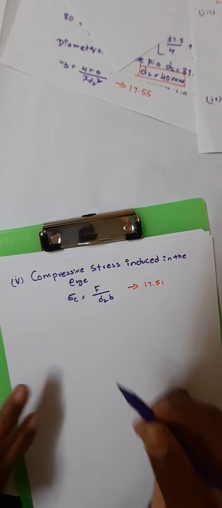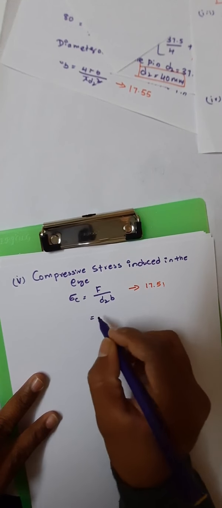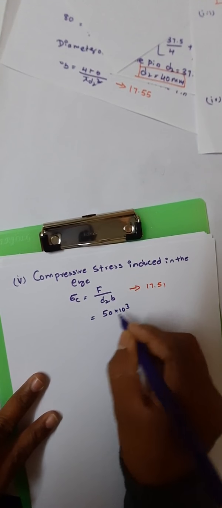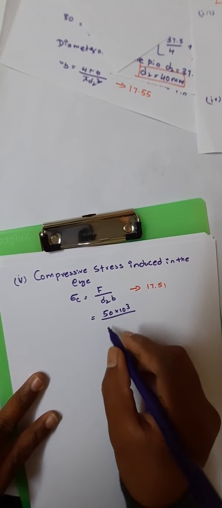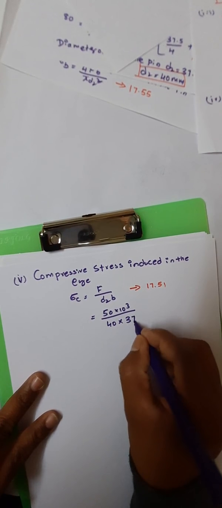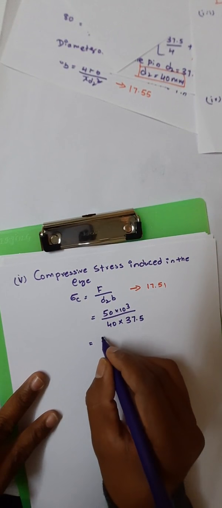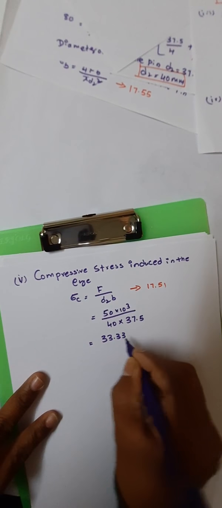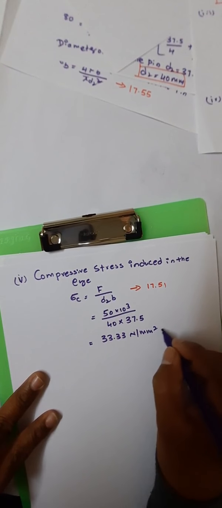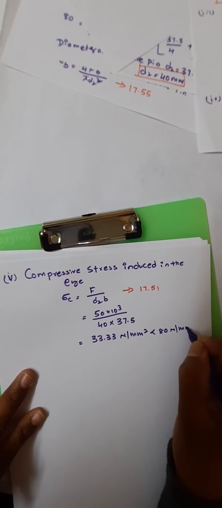We know the value of F, that is 50 into 10 to the power 3, divided by d2, which is 40, into B, 37.5. If we simplify this, we'll get 33.33 Newton per mm square, which is less than 80 Newton per mm square.